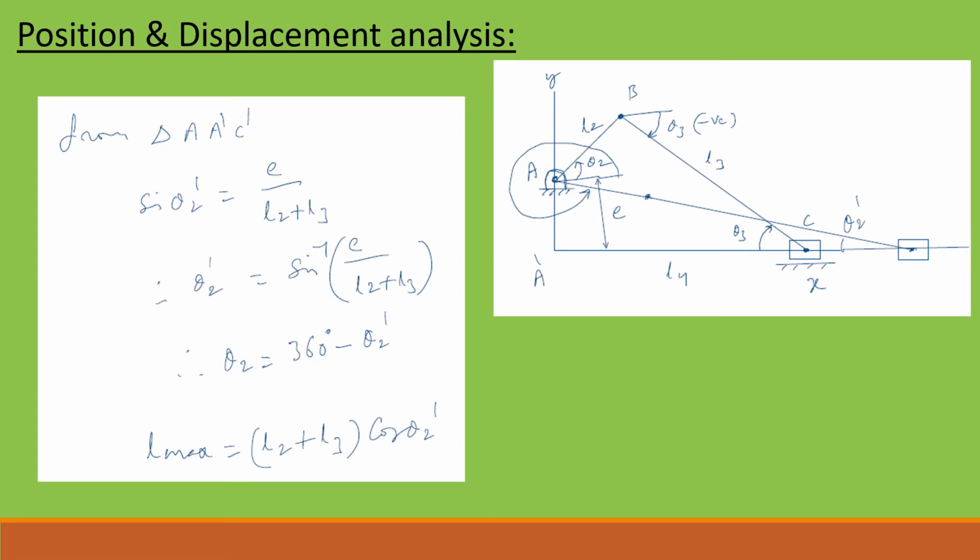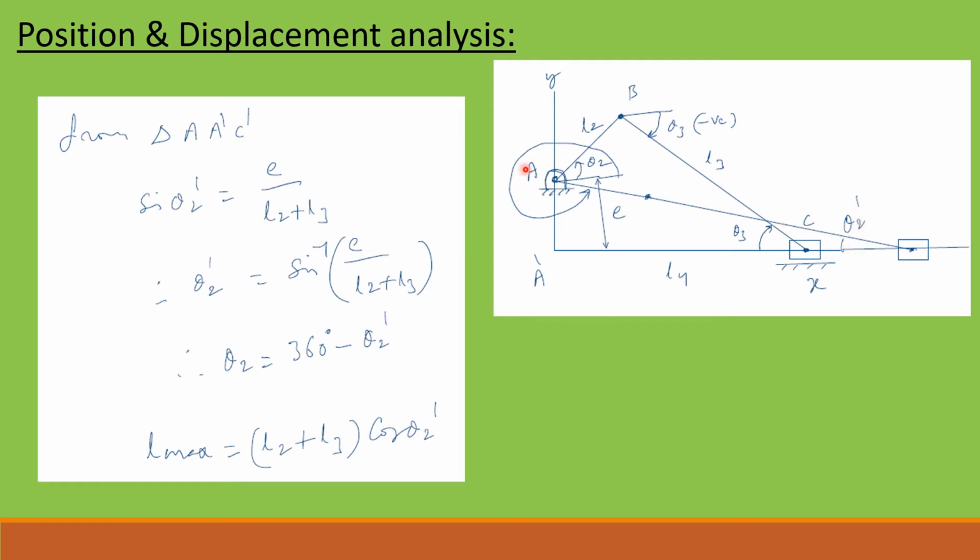Now let us derive equations for L4 max, that is the maximum position of the slider, and its corresponding angle of the crank. So from this picture, maximum position of the slider will occur when L2 and L3 are in line. So at that position the angle of these two links with respect to horizontal is theta 2 prime.